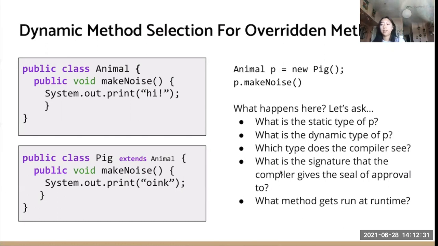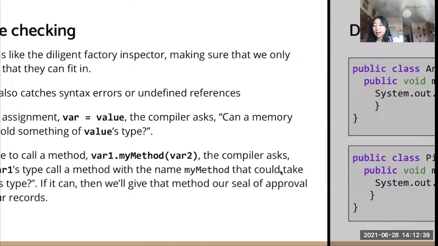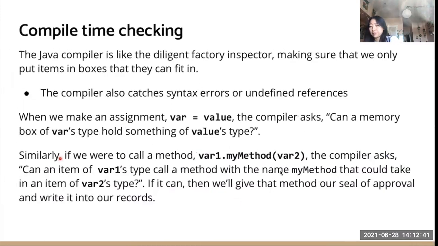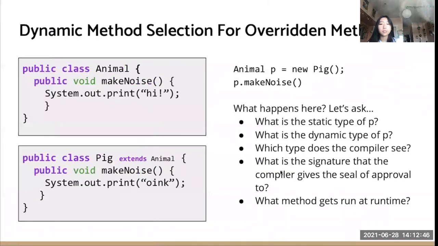And so on the next line, when we say p.makeNoise, it's the compiler's job to make sure that the method we're calling exists and we can call it, right? As we were saying earlier, when we make method calls, the compiler goes and checks that we can really do that. And so the compiler is going to go look in the Animal class, because as far as the compiler is concerned, p is an Animal, and it says, Animal, do you have a method called makeNoise that takes in no arguments?